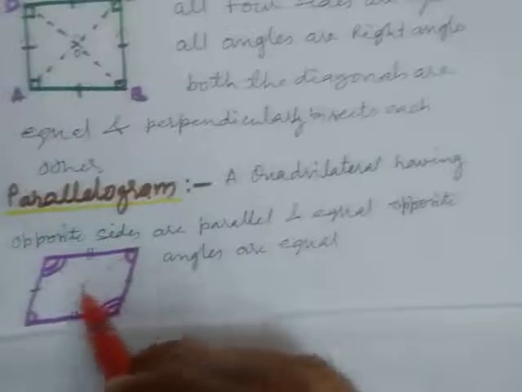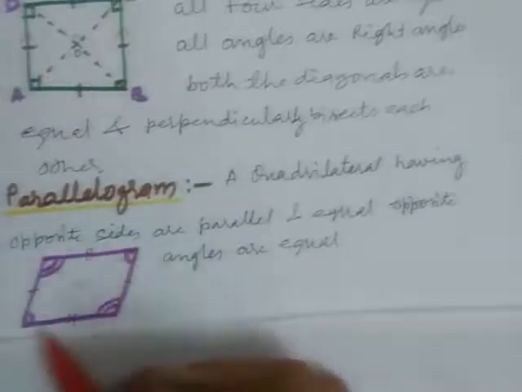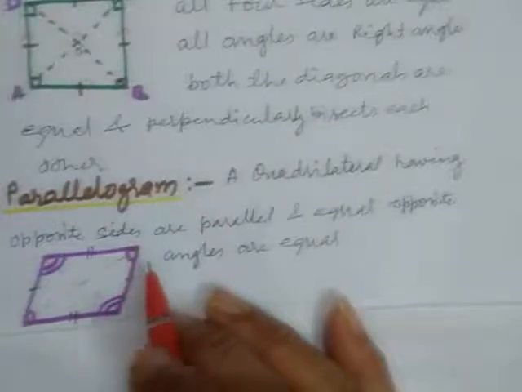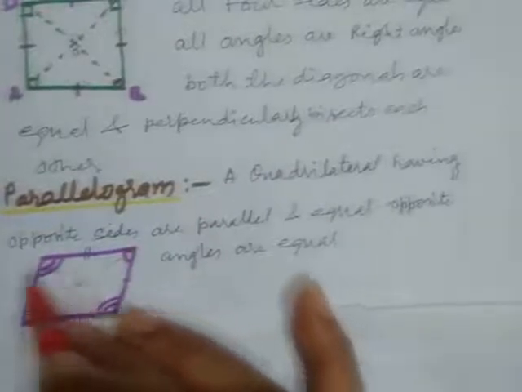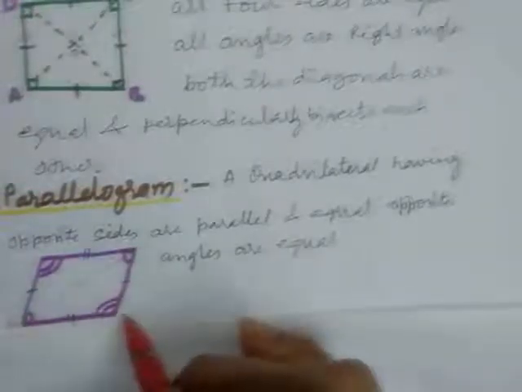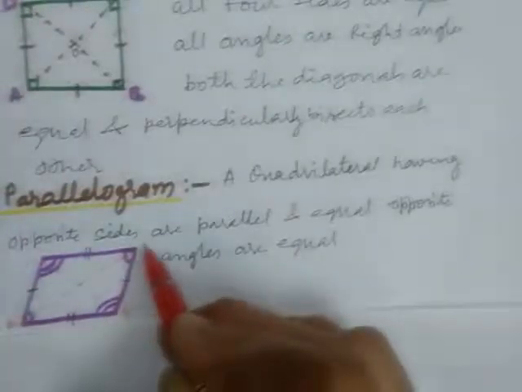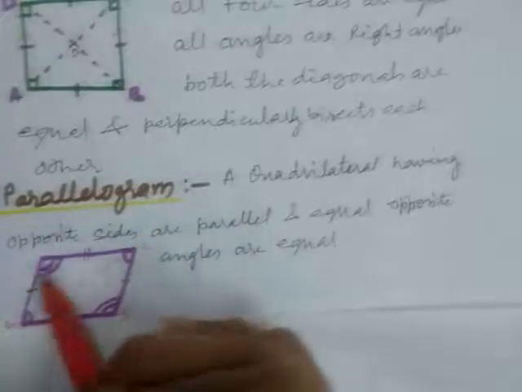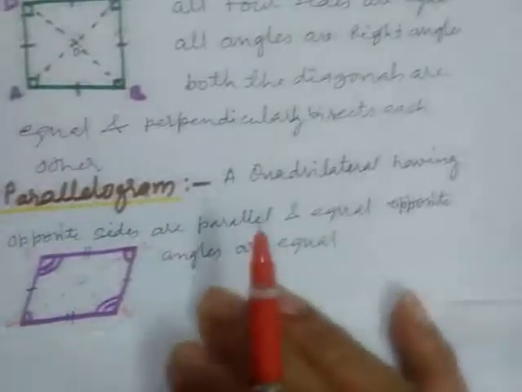Both the diagonals bisect each other. These are the characteristics of a parallelogram, which is a quadrilateral. Remember these characteristics, then you can understand.